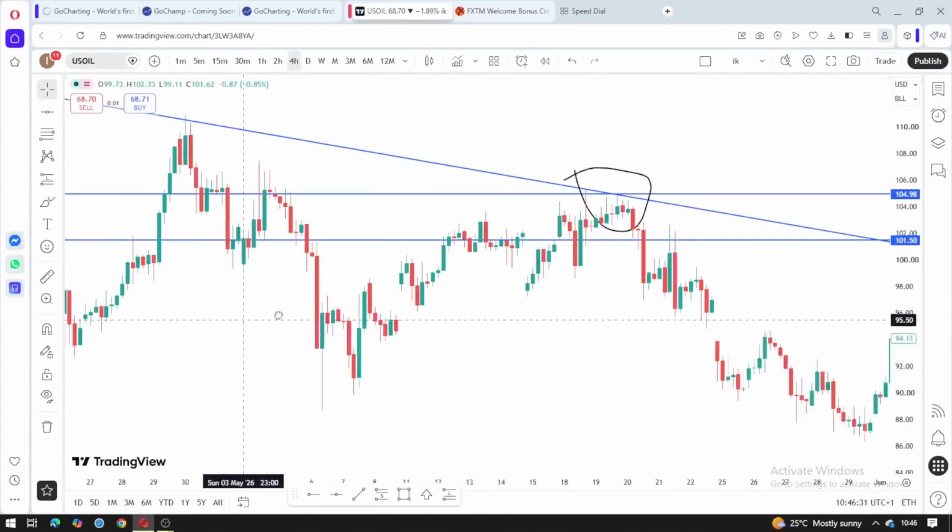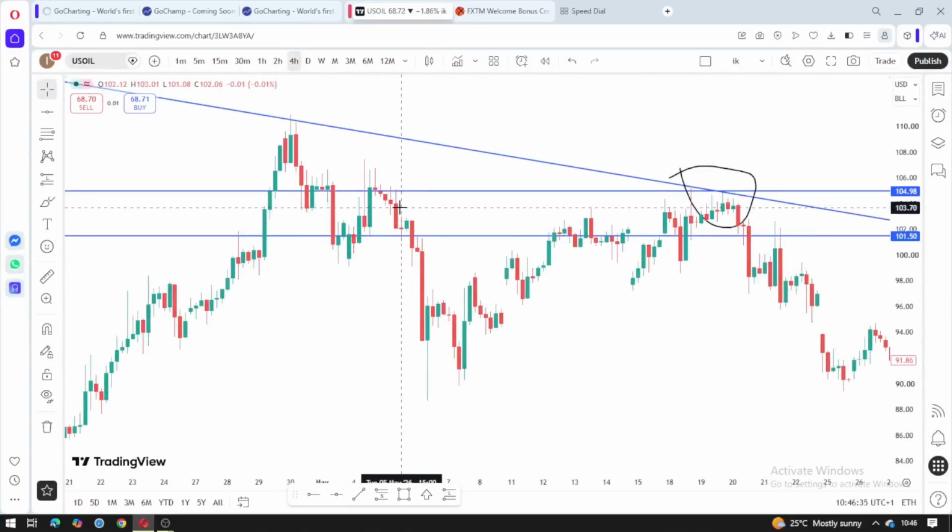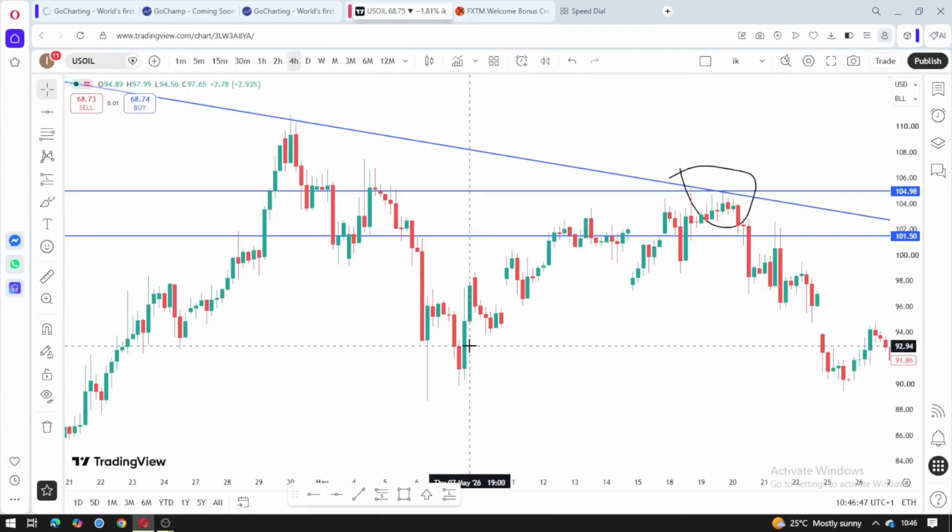Of course, there was a breakout here, and it went down. For those that want to trade normal, just ordinary breakout, it could work.